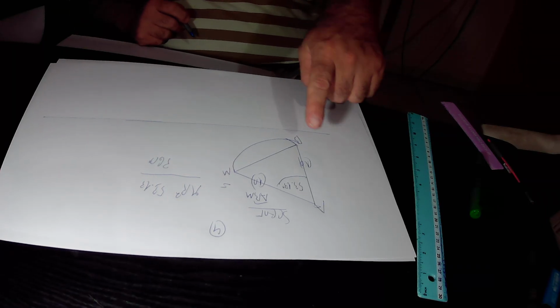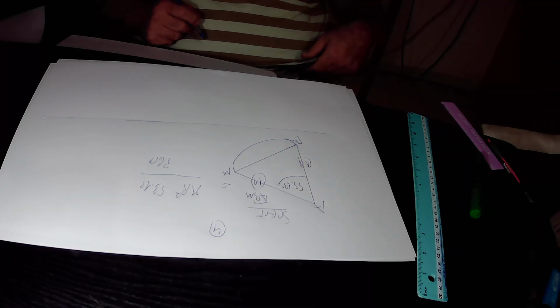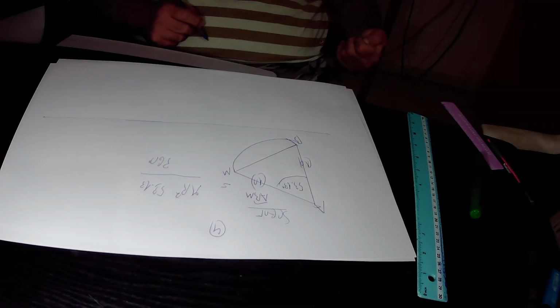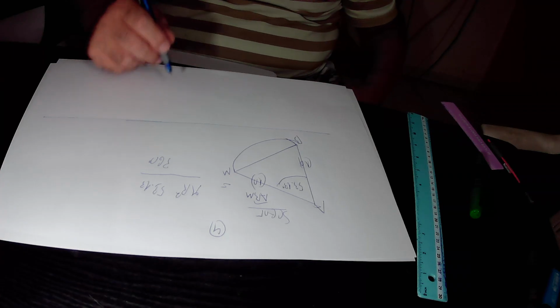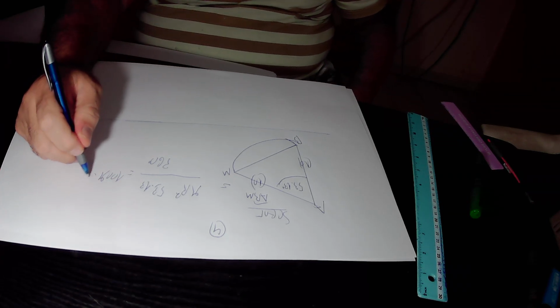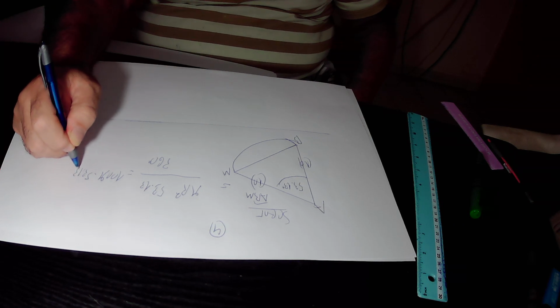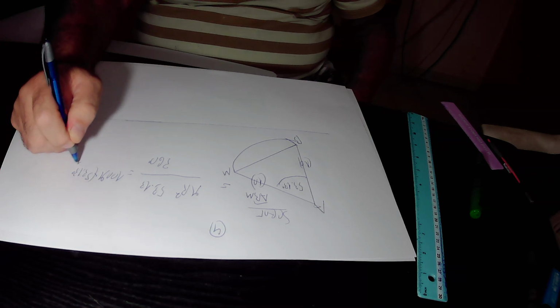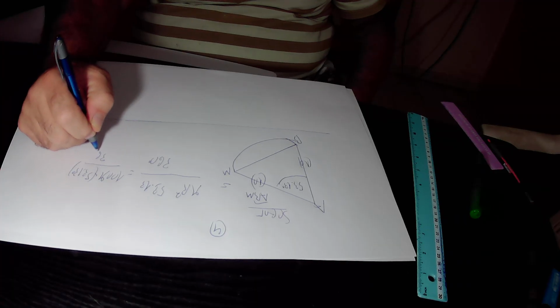Therefore, r squared is 10 squared, that is 100. So pi r squared is 100 pi, times 53.13 over 360 degrees.